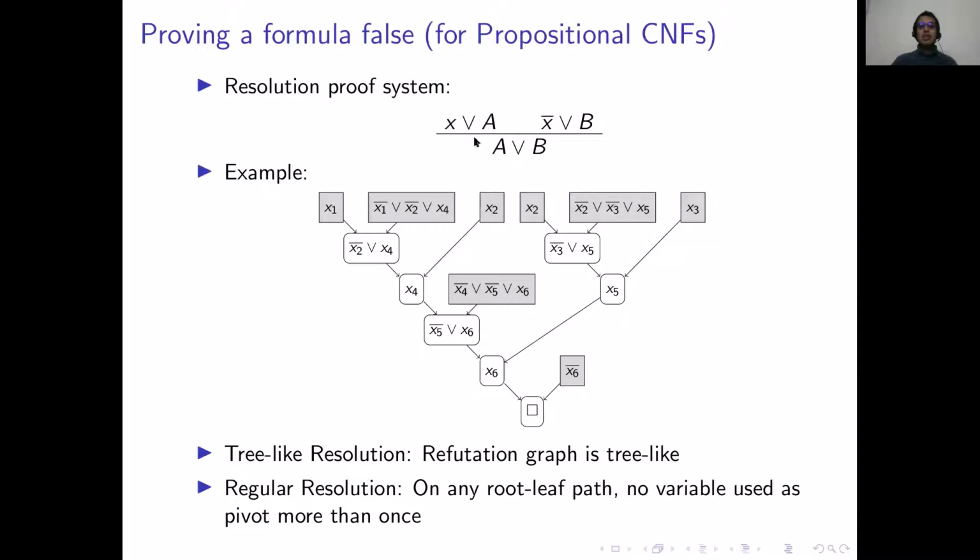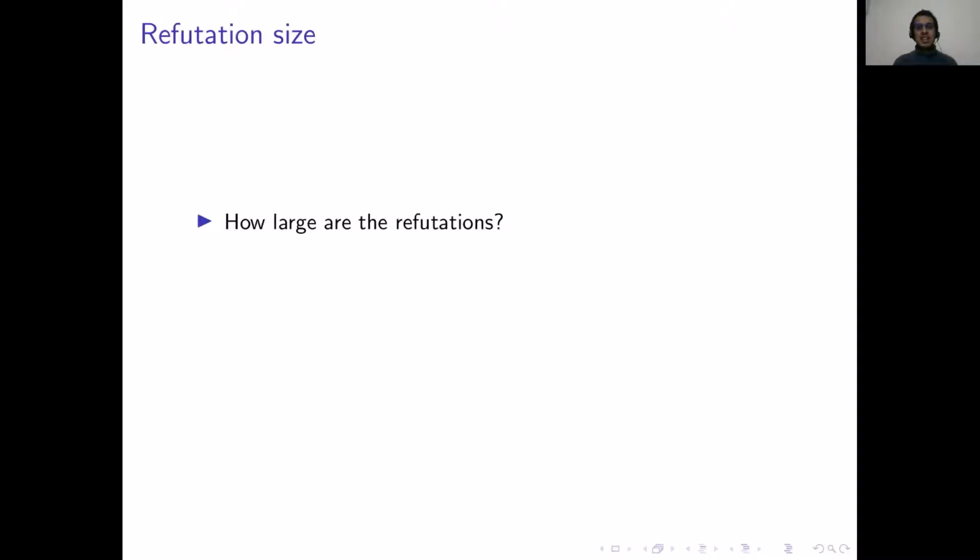The pivot is the variable being cancelled. For example, in this rule here, x is the pivot. So on any root to leaf path, no variable should be used as pivot more than once. How large can these refutations be? In the worst case, they can be of exponential size.